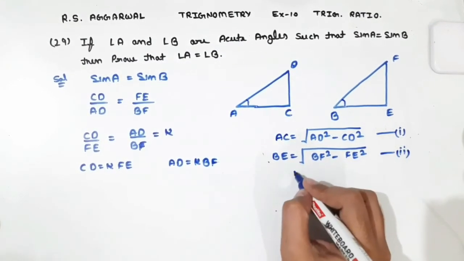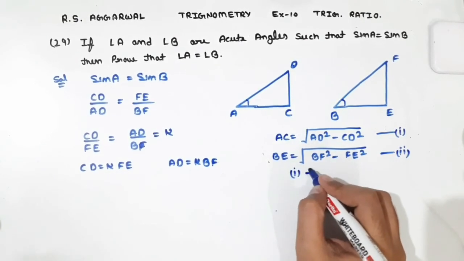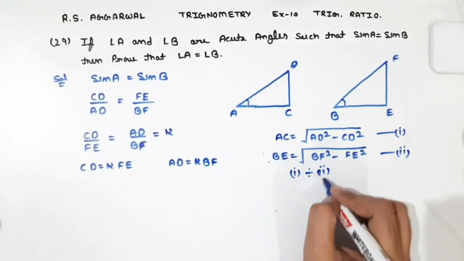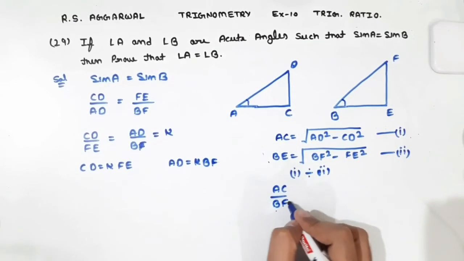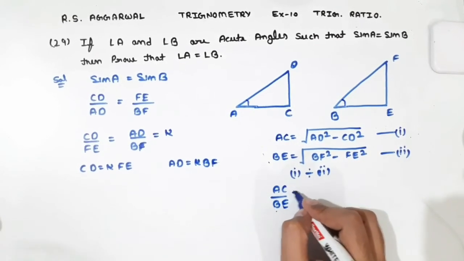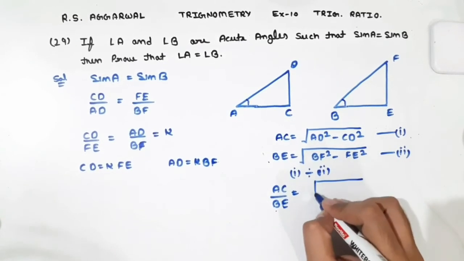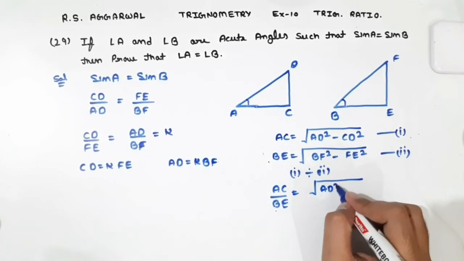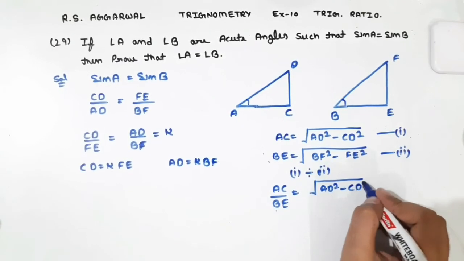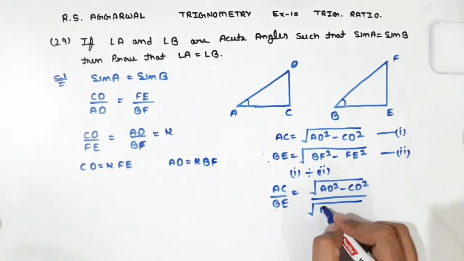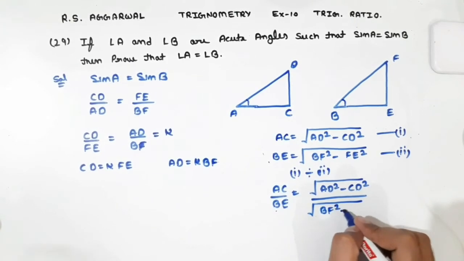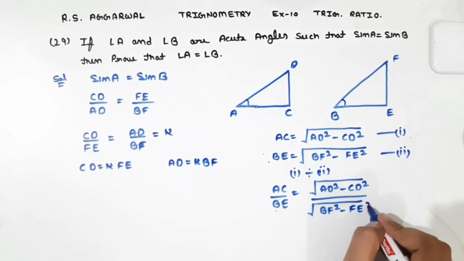Now divide equation first by second. So AC upon BE will be equal to under root AD square minus CD square upon under root BF square minus FE square.